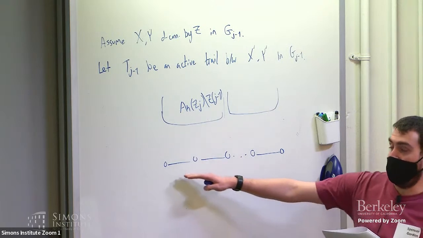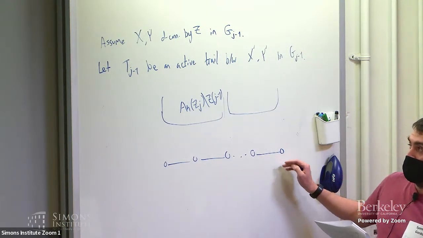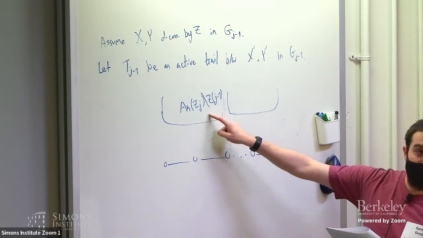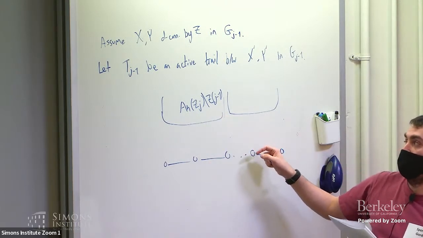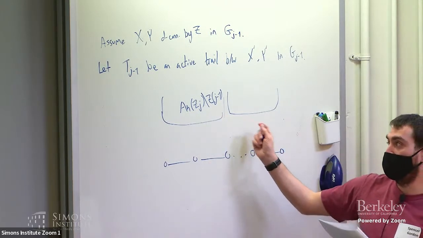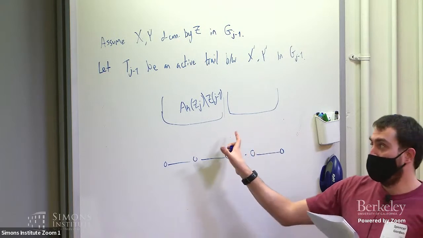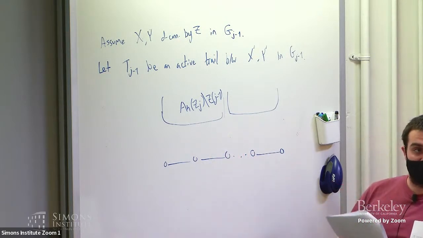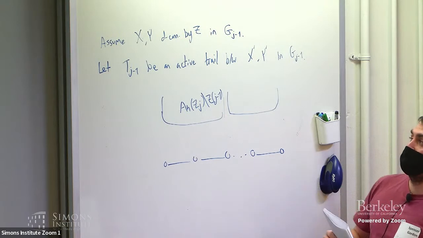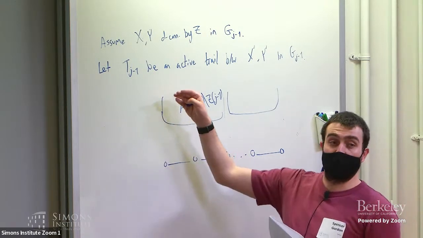And then let's pick a maximal length segment. So if it goes through here for 5 vertices and then leaves and then comes back for another 3 vertices, we want to look at the 5 vertex segment and then also the 3 vertex segment. We're going to modify each of those to get something that'll be an active trail in GJ.